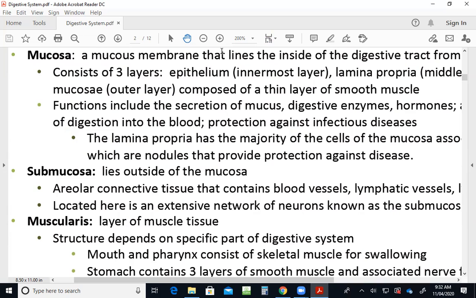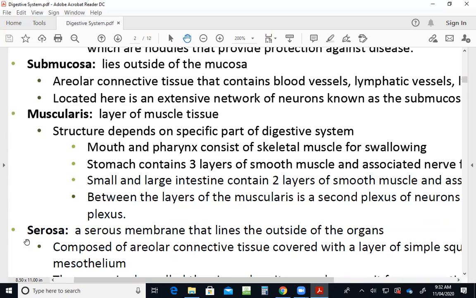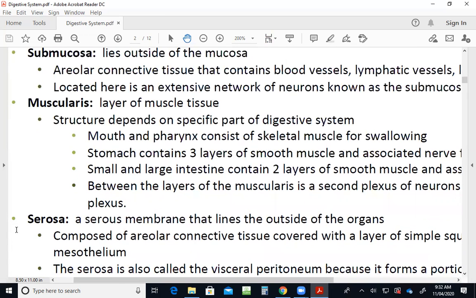Now, before we move on into the different parts of our digestive system, which we'll start with the mouth in just a couple slides, I want to talk about just the structure of the tract as a whole for a couple slides. This one and the next one.